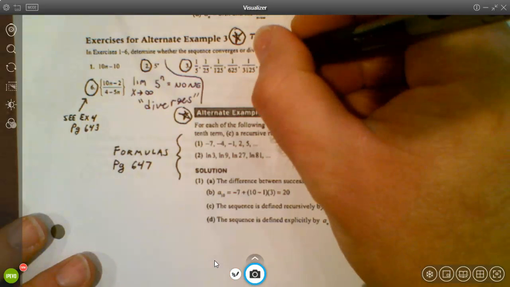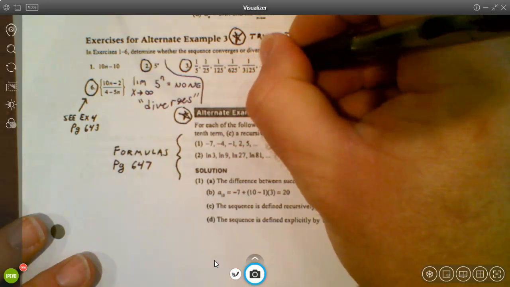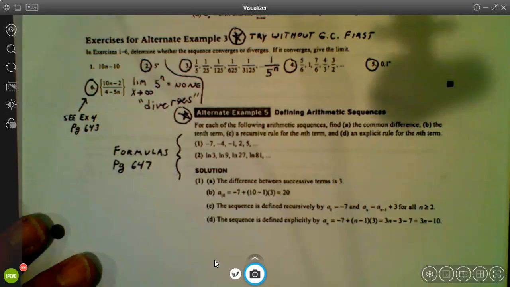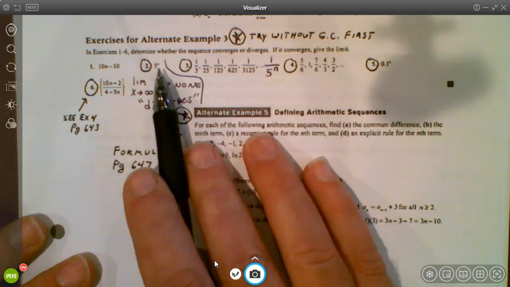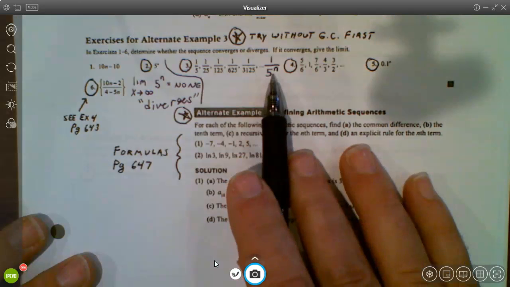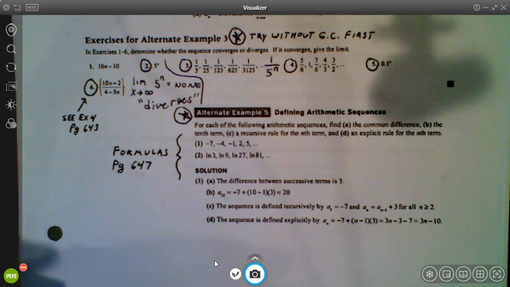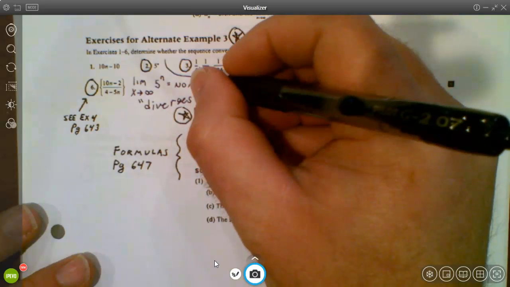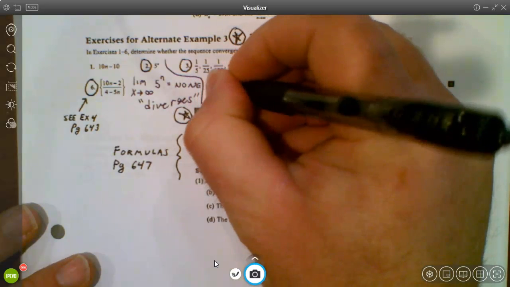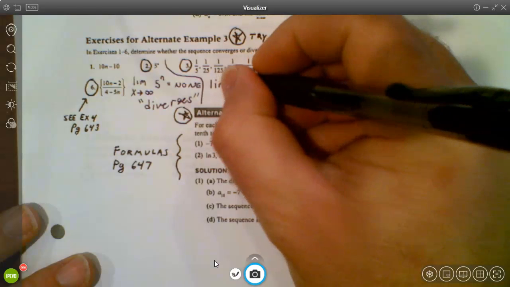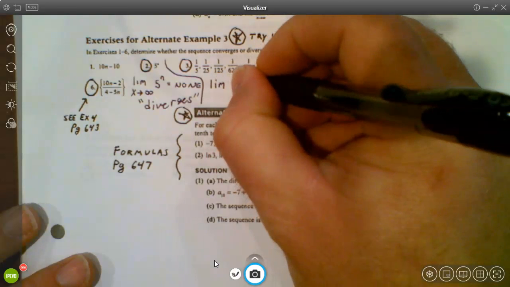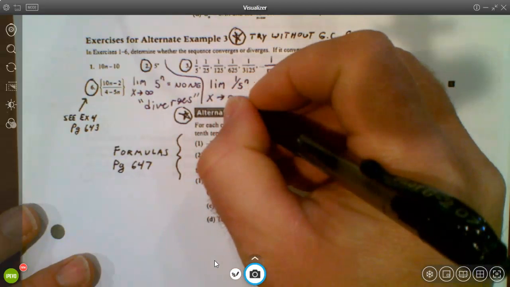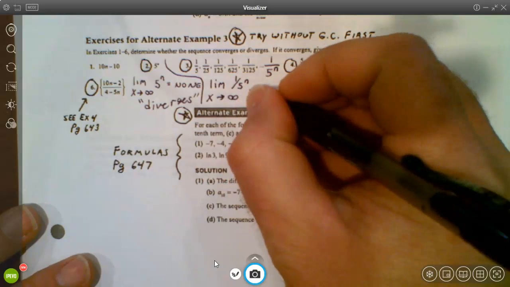In other words, we are looking at 1 over 5 to the nth power. It's really just the reciprocal function of this guy. But now it's on the bottom, so as the bottom grows, the overall value gets smaller because it's a fraction. So on this one, we're going to say the limit of 1 over 5 to the n as x approaches infinity is 0.